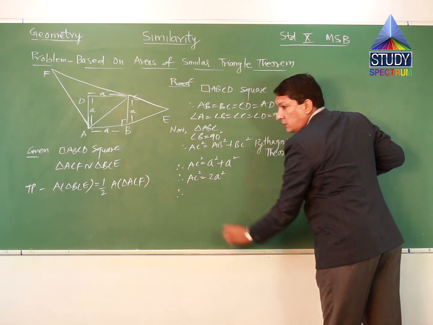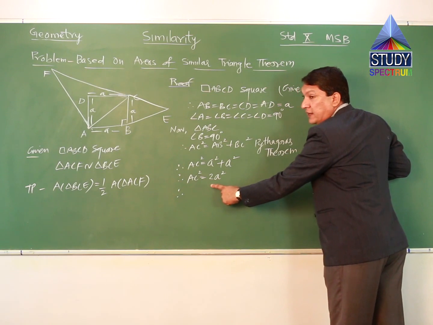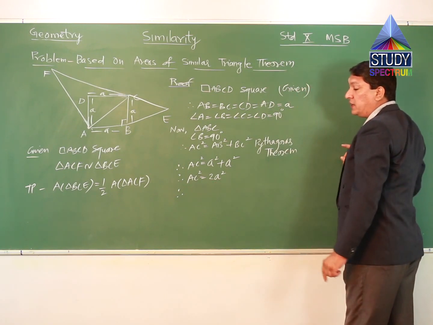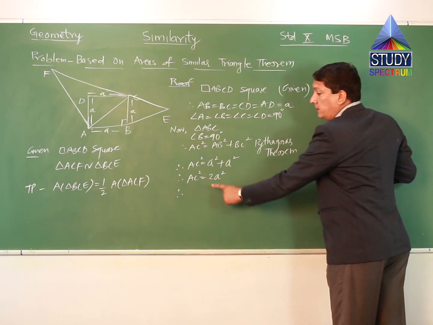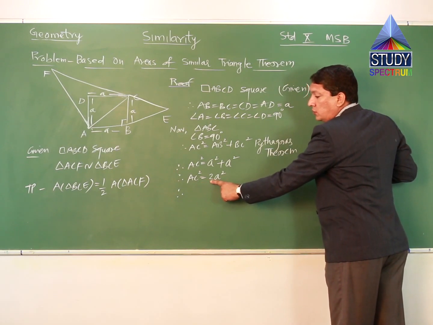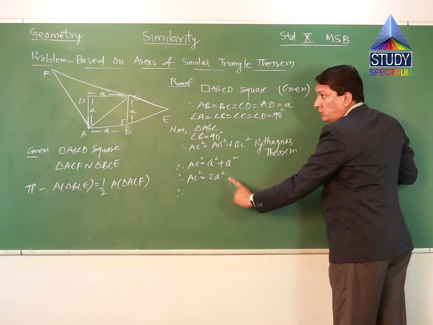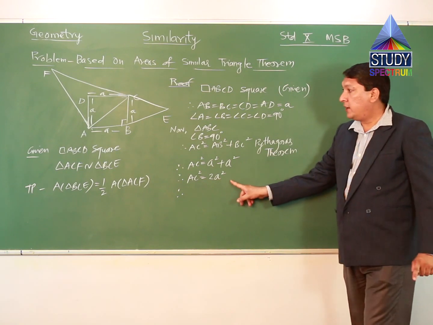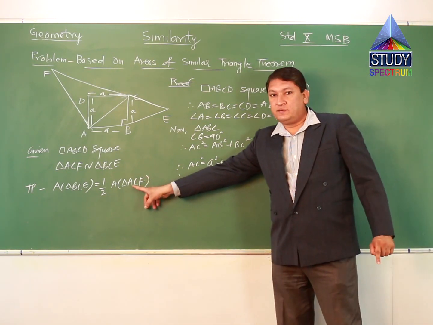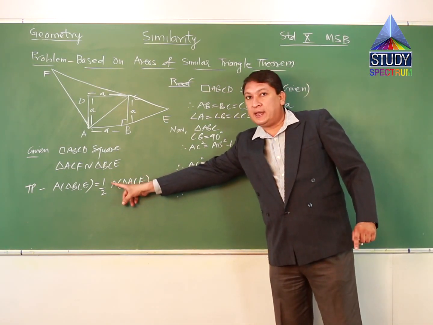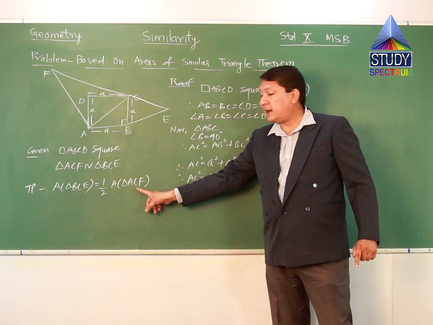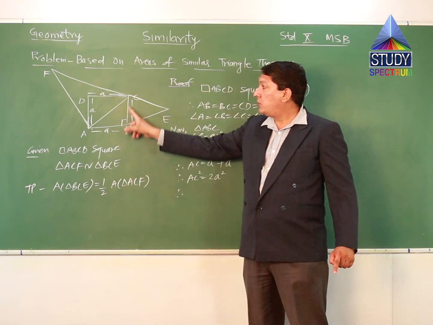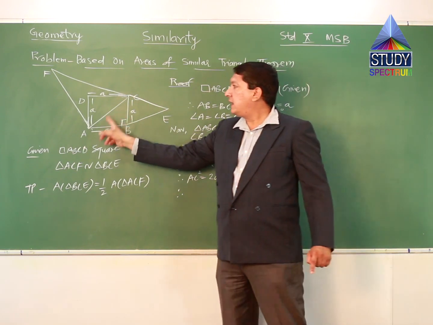Therefore, we can take the square root now. So AC becomes root 2 a. But now, before going ahead, you need to find out what we need to prove. We need to get the relation between area of triangle BCE and area of triangle ACF.